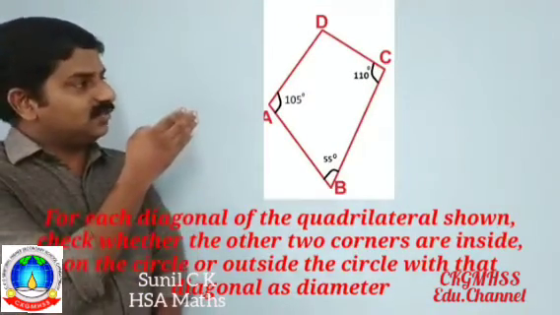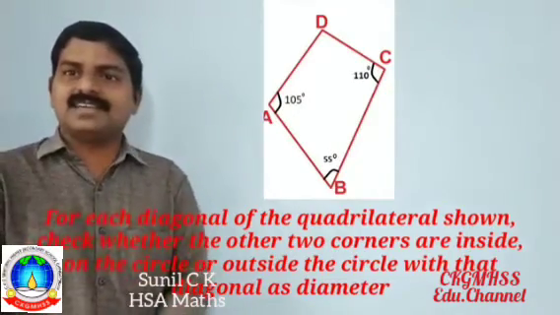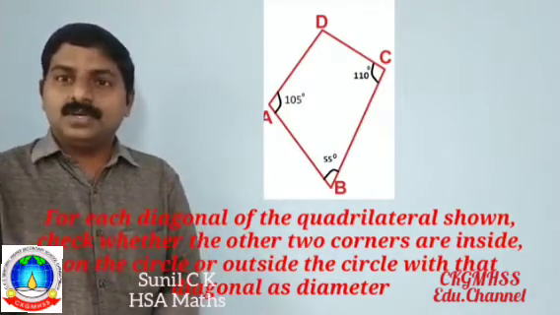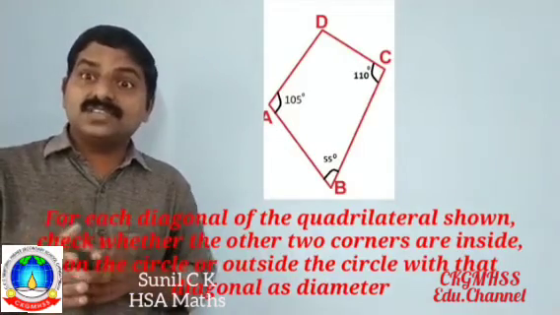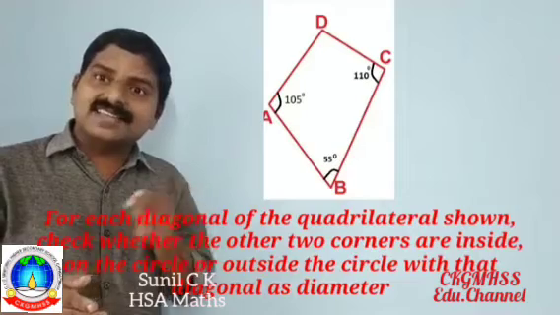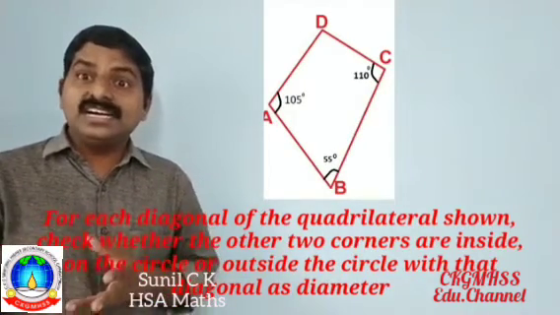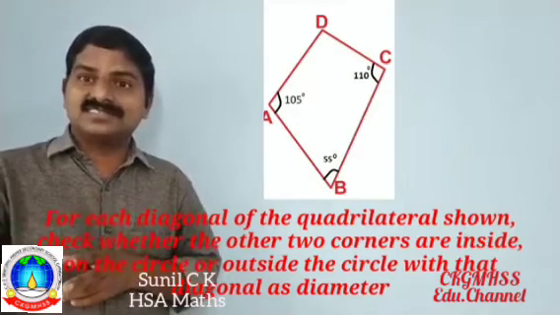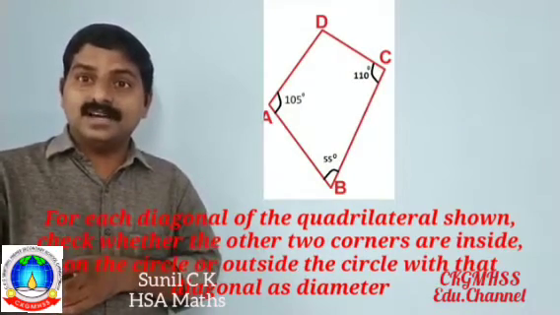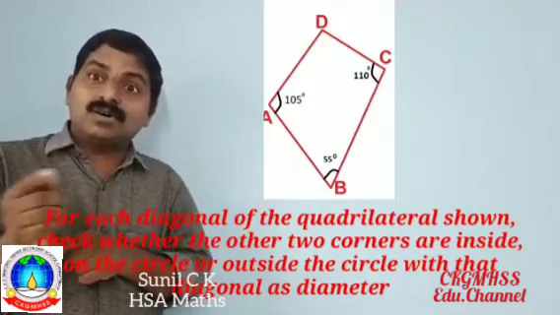It is given a figure ABCD, a quadrilateral ABCD. If we draw circles with diagonals of that quadrilateral as diameters, then what about the remaining two corners? Are they inside the circle or on the circle or outside the circle?